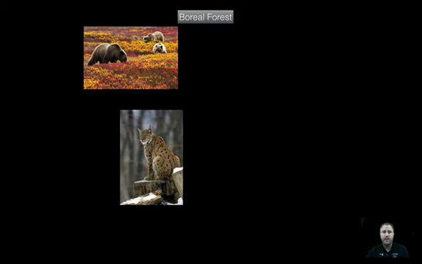The winters here are very cold, and the summers aren't very warm, but they do allow for a growing season, just enough for the snow to melt. So the boreal forest is another type of biome.